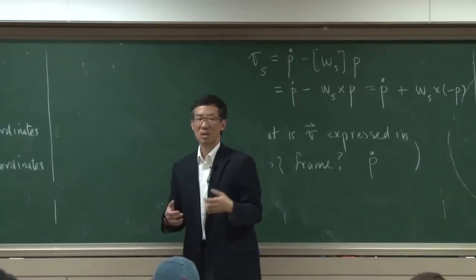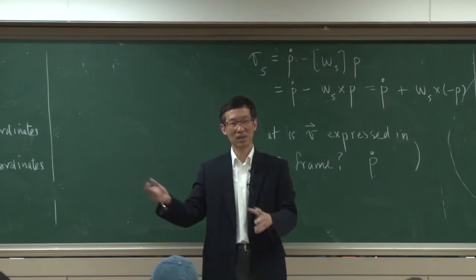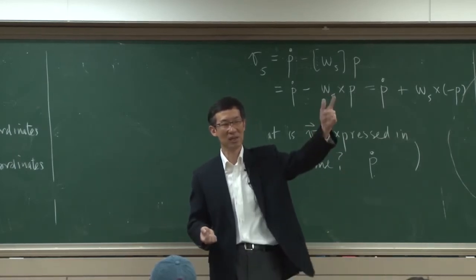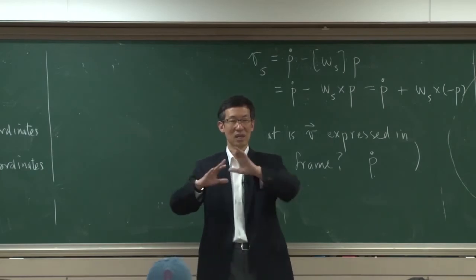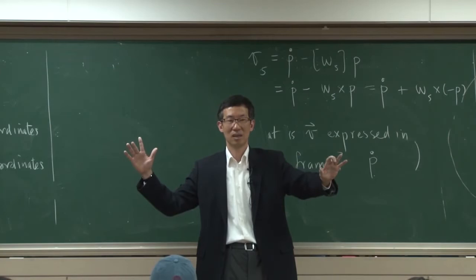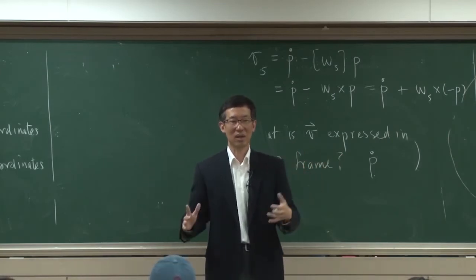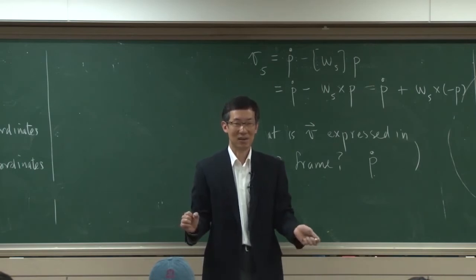So far you've been taught to think of angular velocities and linear velocities separately. Linear velocity is a three-dimensional velocity vector, angular velocity a three-dimensional velocity vector. They live in different worlds. So let's get over that. Let's think six-dimensionally now.